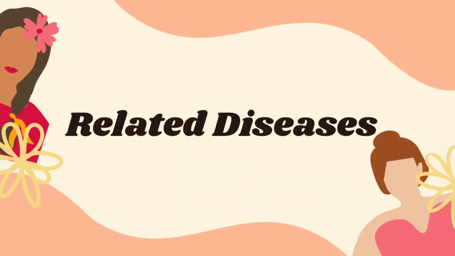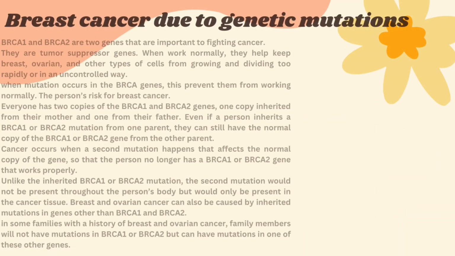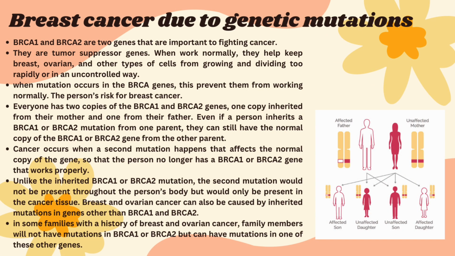As for the related disease that may occur in the breast, it is breast cancer. There is still yet to be a proper reason for the cause of breast cancer, but one of the major factors is genetic mutation. There are two genes that are involved in this gene mutation.